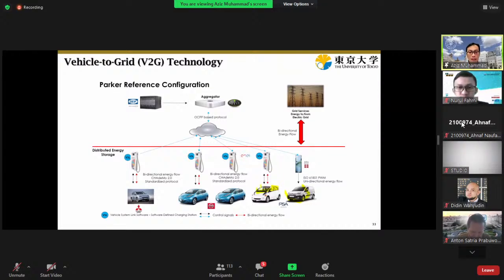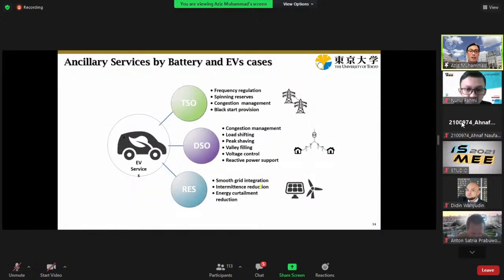So they can have another profit, which can also be a passive income for them. There are also some services that are quite possible for both hydrogen and electric vehicles, but I would like to skip this one, and in case you have any questions, I can explain further details.